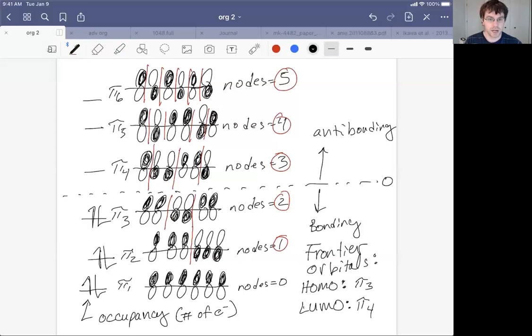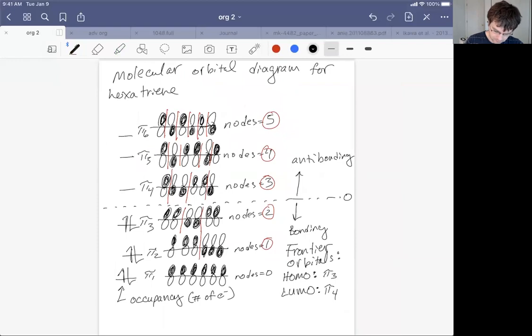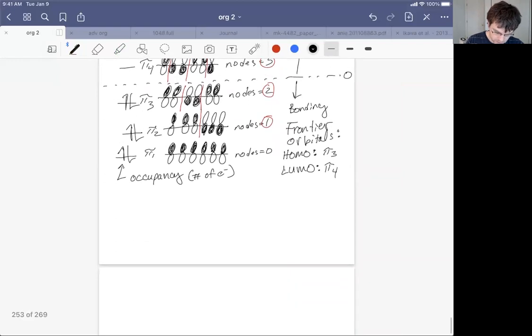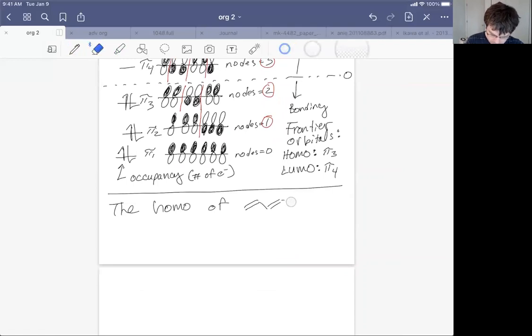Okay, so what I'm going to do now is scroll up. So this is kind of like a spoiler alert system. Pause if you need more time here. So what I'm going to do is recognize again that the HOMO of hexatriene is pi 3.